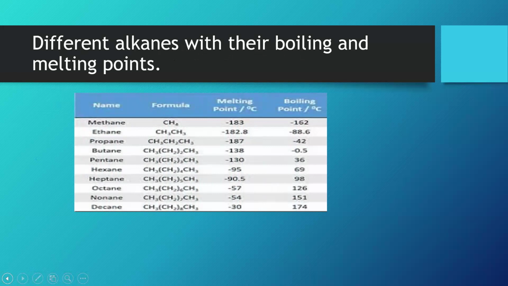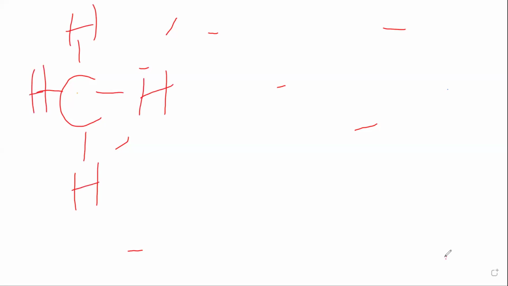Now remember, when we're looking at the different alkanes, we say the carbon is bonded to hydrogen atoms, right? So that means the hydrogen atoms bonded to that carbon will move with that carbon. For example, here we have 1 carbon, so it's bonded to 4 hydrogen atoms. Are you seeing that? So it will move with its hydrogens. Then when we go to ethane, ethane has 2 carbon atoms.